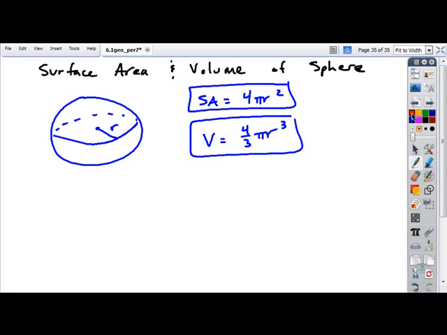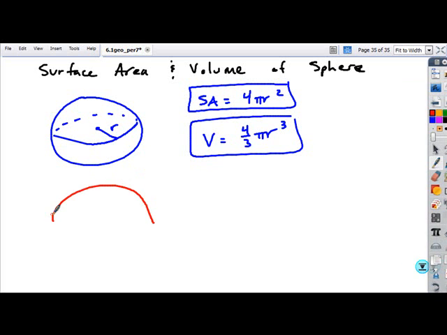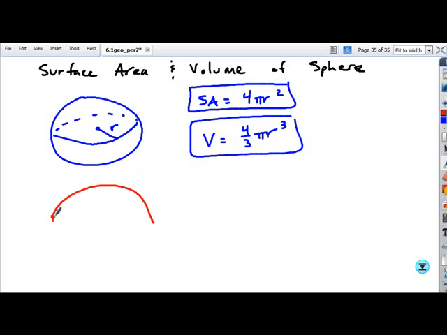And then there are variations on the sphere that you need to be aware of. The main one is a hemisphere. If you take half of a sphere, you still only have a measure that's a radius.